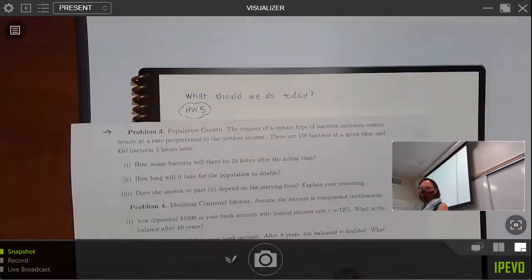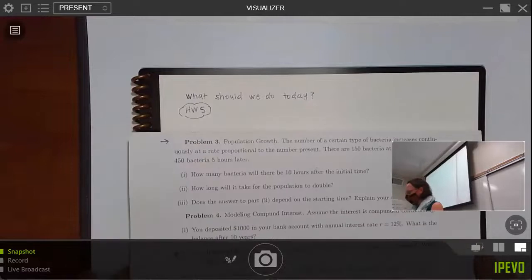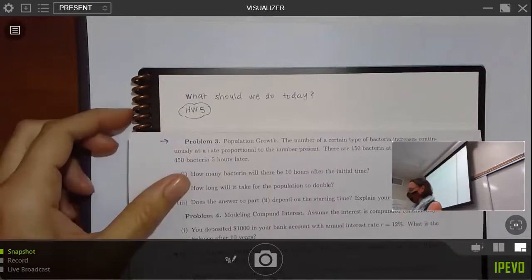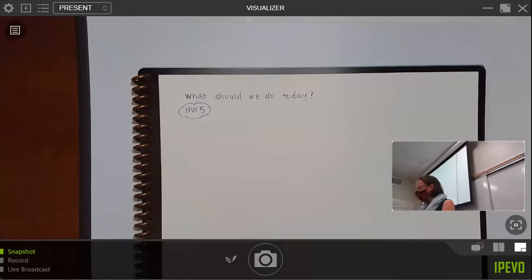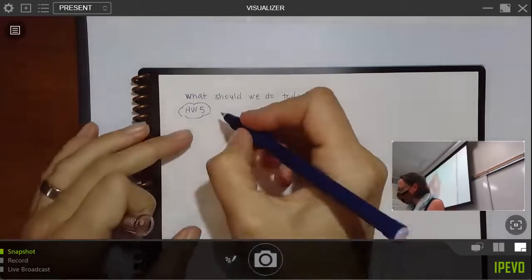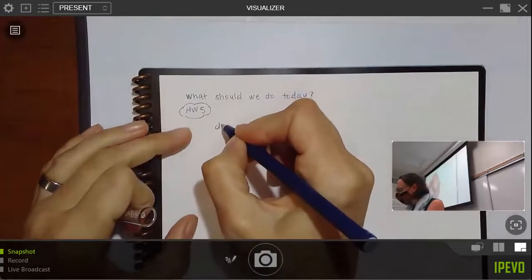The number of a certain type of bacteria increases continuously at a rate proportional to the number present. Well, that's kind of gross, but the general form that our textbook gives for that is saying that it increases at a rate.